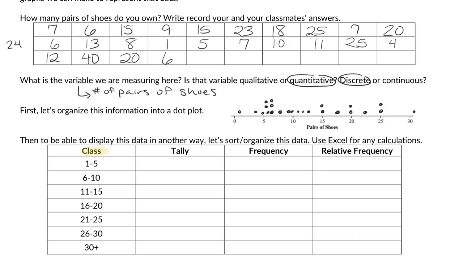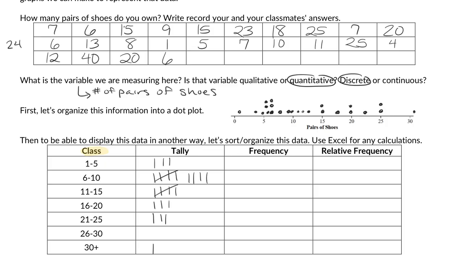So if we look through our data and start to tally each of these different classes, I would do the following. The first response was 7, and then was 6, and then was 15, and then we had 9, and 15, and 23. Do y'all see how this works? We're going to tally up all of the frequencies of these particular classes from our raw data.